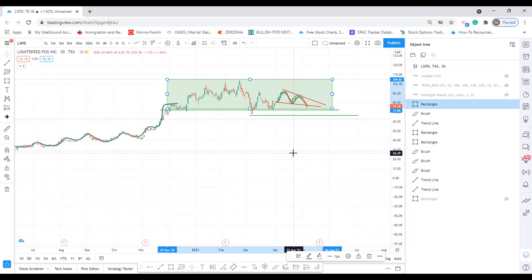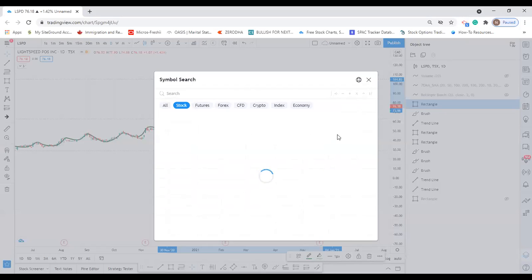You need to get in early. Plug was good, Neo was good, Nikola was good when it came, Blink was good, IDX was good. Now you see where they are. Even XPEV was good, Lee was good, Fubo was good. They were all good. Look at this Fubo.